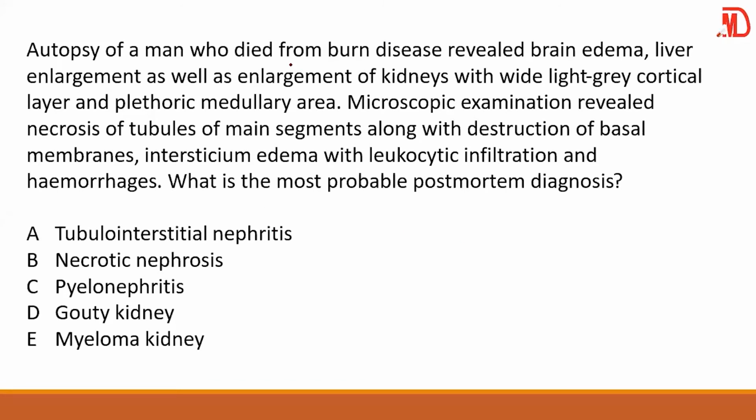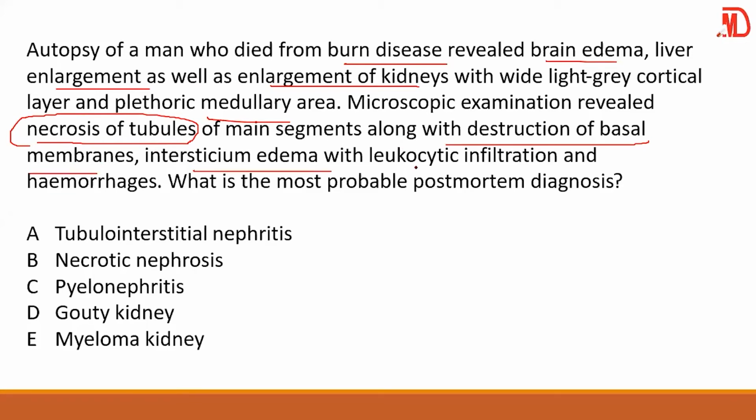An autopsy of a man who died from a burn disease revealed brain edema, liver enlargement, as well as enlargement of the kidneys, with a white, light gray cortical layer and plethoric medullary area. Microscopic examination revealed necrosis of the tubules of the main segment along with destruction of the basal membrane, interstitial edema with leukocytic infiltration and hemorrhages.